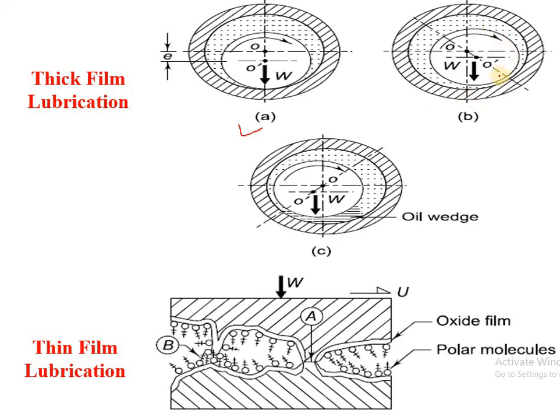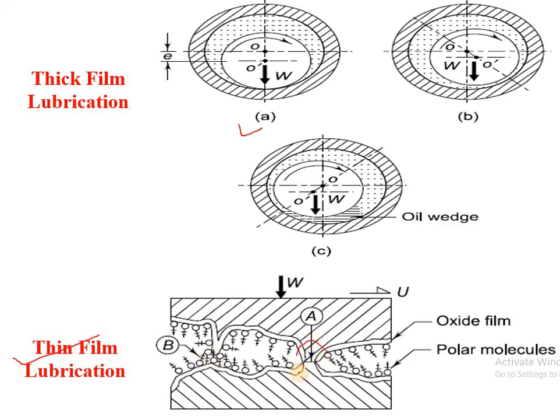As the journal starts rotating, it takes some time to build up pressure in this clearance space. Also, there is initially a thin layer of fluid between the two, so there is partial metal to metal contact in this region. It is the condition of thin film lubrication, in which there is partial metal to metal contact.